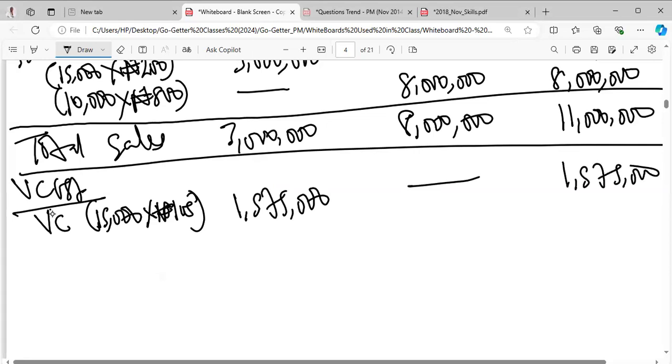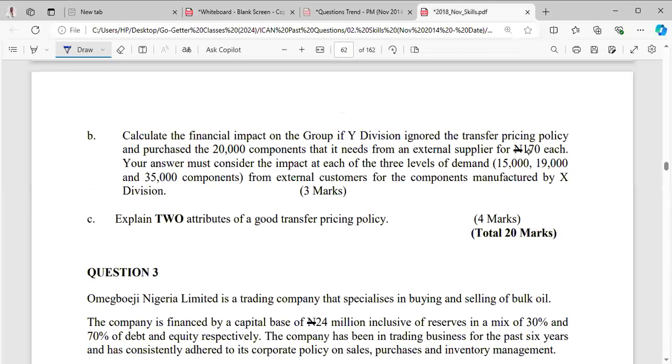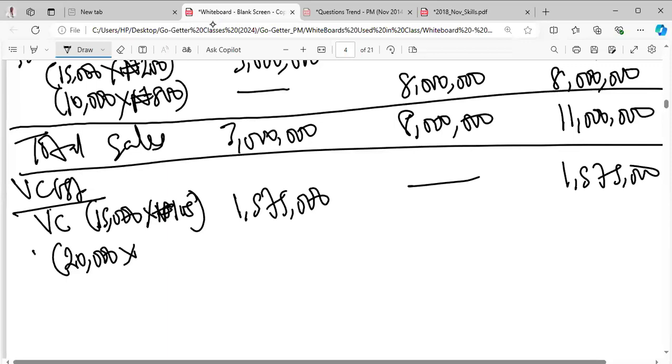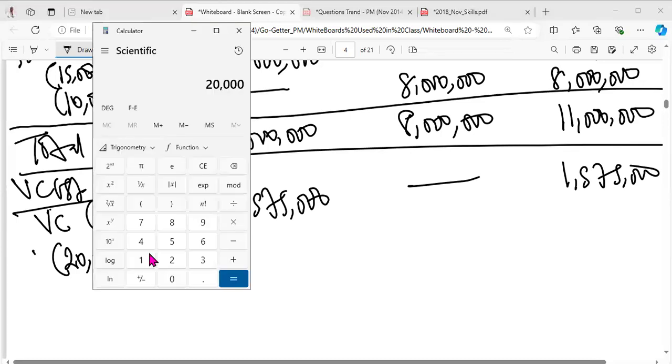And these other people are buying their 20,000 components. They are buying it where? At 170 naira each. This is the amount they are buying it from a standard supplier. So we have 20,000 times 170 naira.